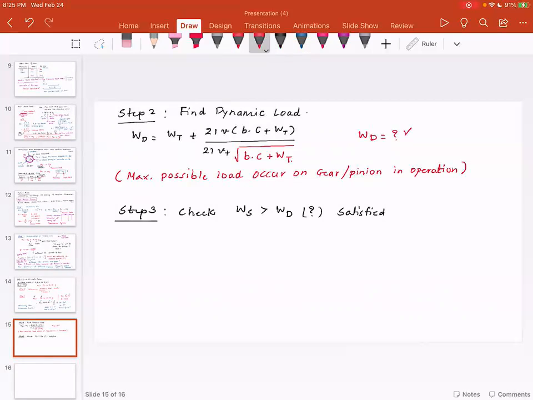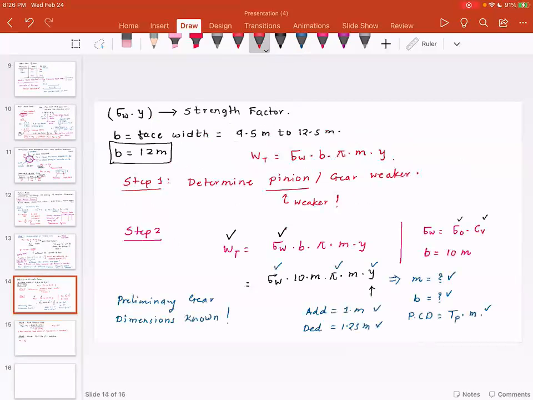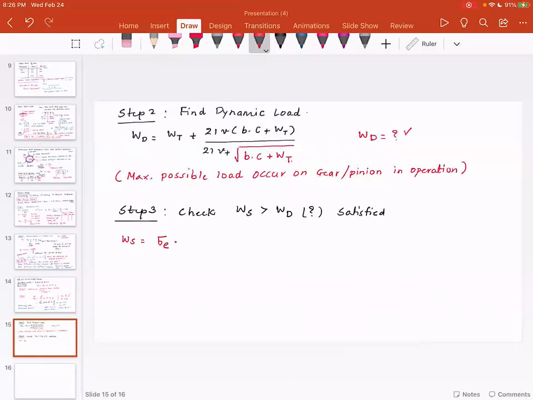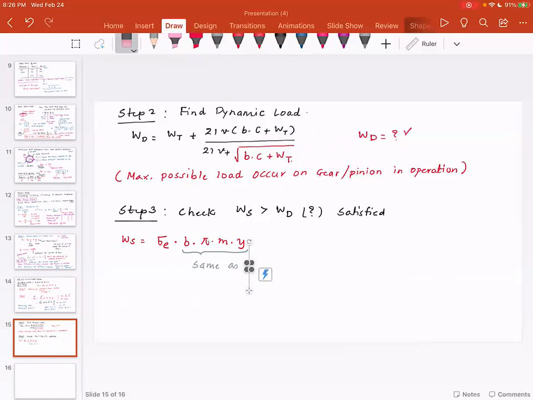So how do we do it? We have an equation for WS, which is sigma E, and the rest of the equation is the same as the Lewis equation, which is B times pi times M times Y. So the only change here is that this is same as step 1.